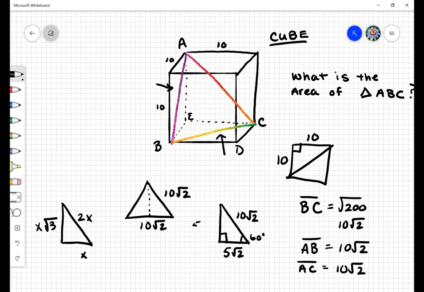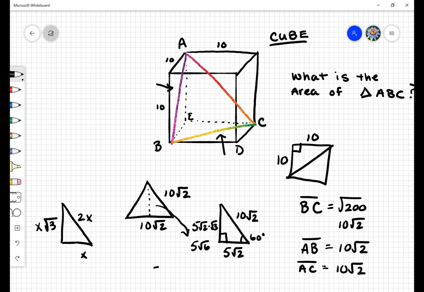So this is 5 square root of 2 times square root of 3, or 5 square root of 6. So that is the height.